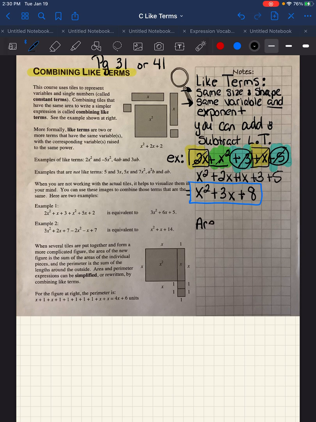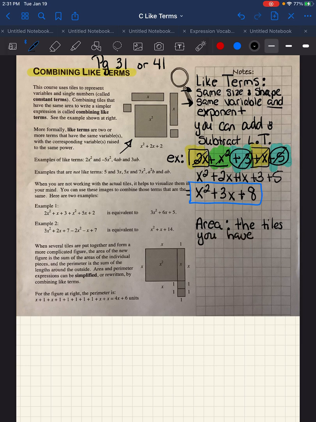of the tile model. Like when we have this group of tiles here, for example, what is the area of that group of tiles? Well, the area, remember, is just the tiles that you have. The tiles you have, if you just list them, that's the area.